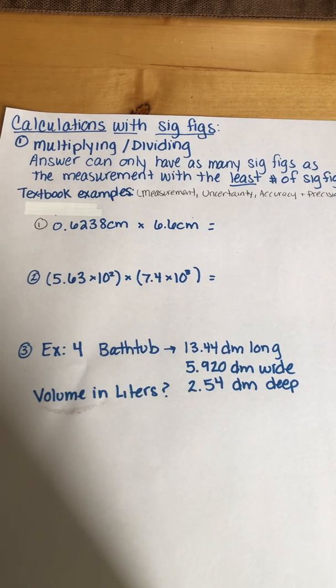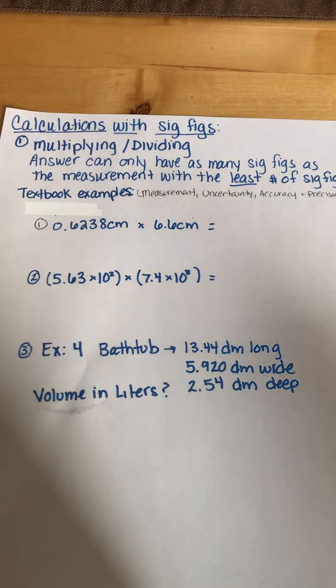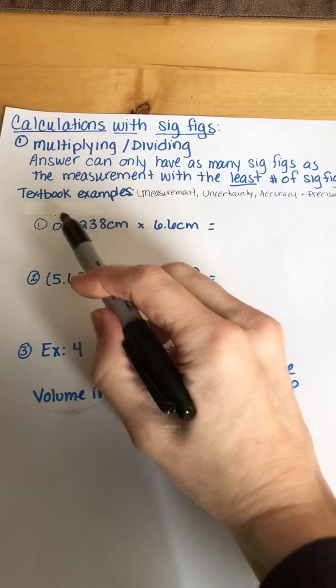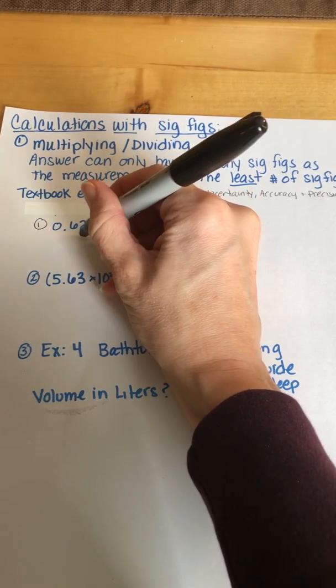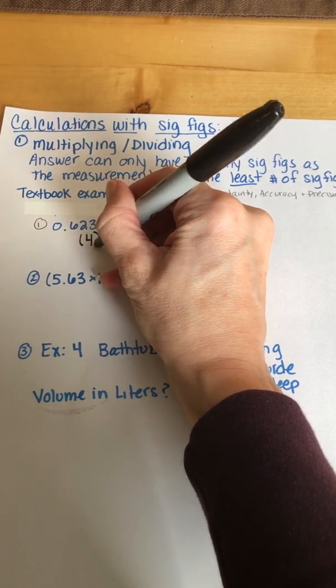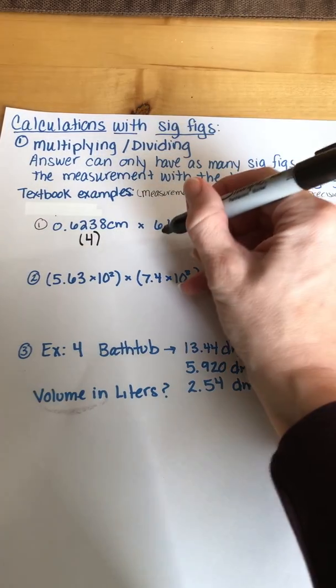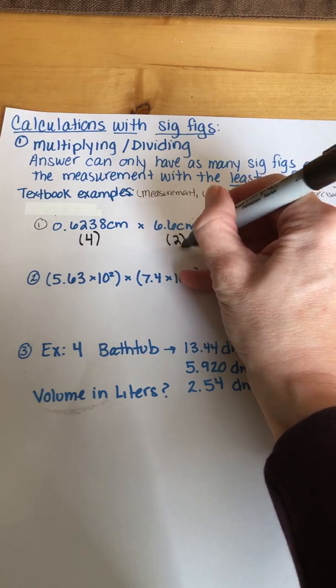In this first example, we have two measurements that we are multiplying. The first thing I would do is count up the number of sig figs I see in the first number. Based on our rules, this first number has 4 sig figs, and my second number has 2 sig figs.